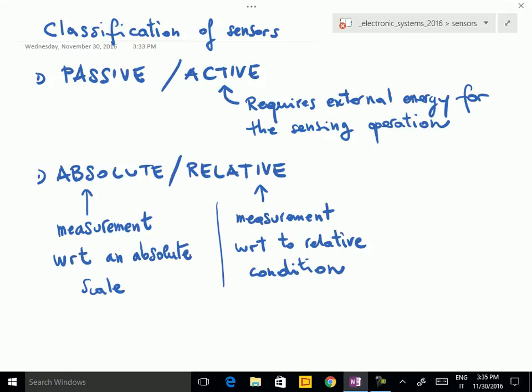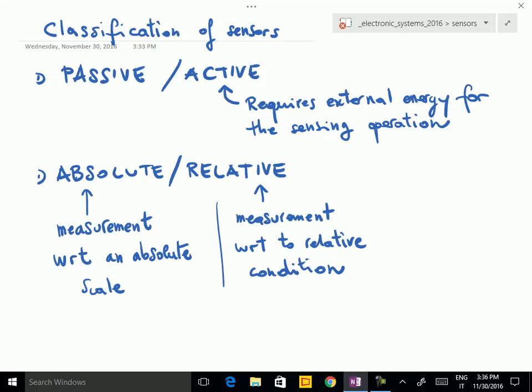We can make many examples of this situation. For example, the gyroscope in a telephone tells me the orientation of the phone with respect to a given relative condition, which has been fixed at the time of the set of the gyroscope.